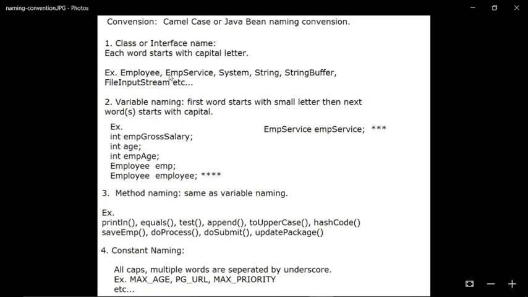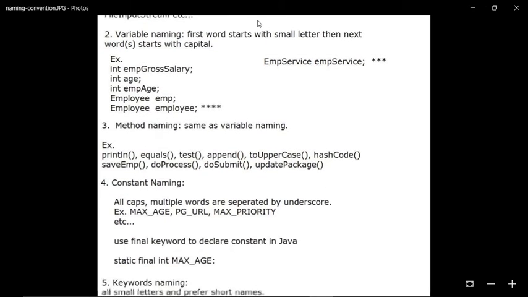But when you have two words, Employee and Service, you start with capital E, capital S. System is a single word with a capital S. String is another class. StringBuffer, capital S, capital B. FileInputStream, capital F, I, S. So this is the convention we have to follow.